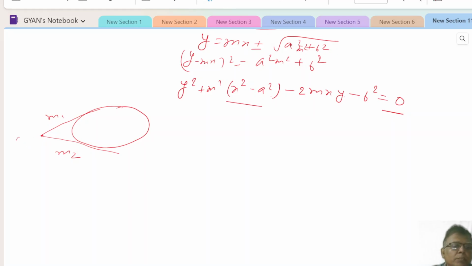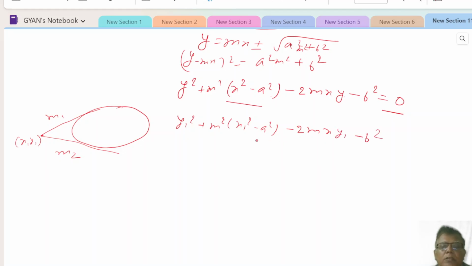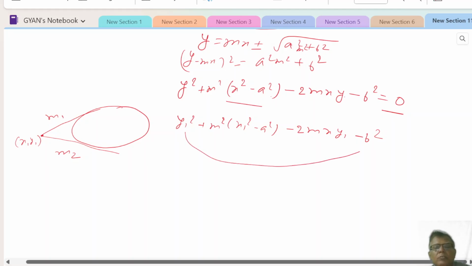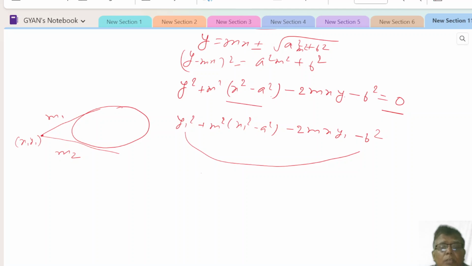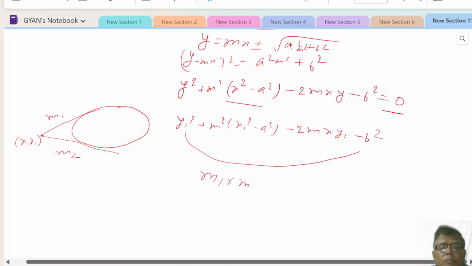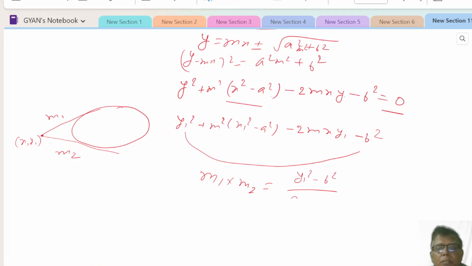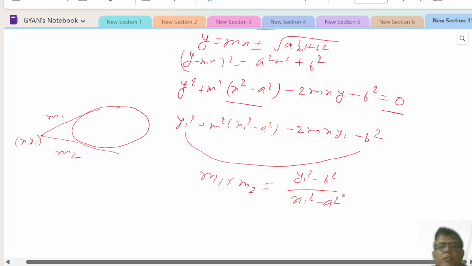So this common point, suppose this is x1, y1, will satisfy this equation. So y1 square is equal to m square x1 square minus a square minus 2m x1 y1 minus b square. So m1 into m2 will be c by a, that is y1 square minus b square divided by x1 square minus a square.